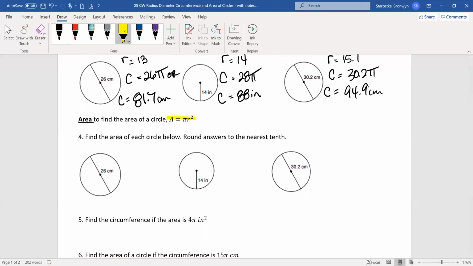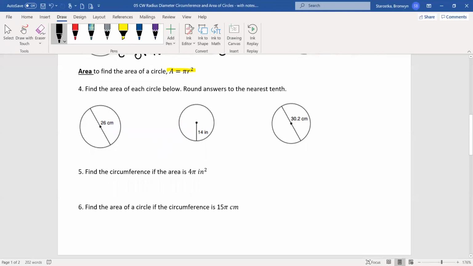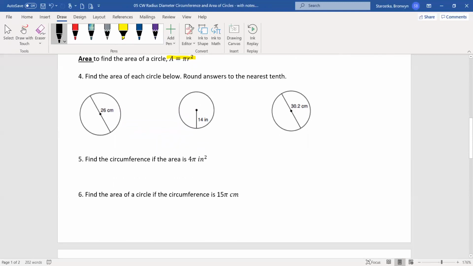To find the area of a circle, remember Euclid's team found pi was also the ratio of the area to the radius squared. So cool. Here, when we find area, we do need the radius. So we have to break it down. So the radius is 13.